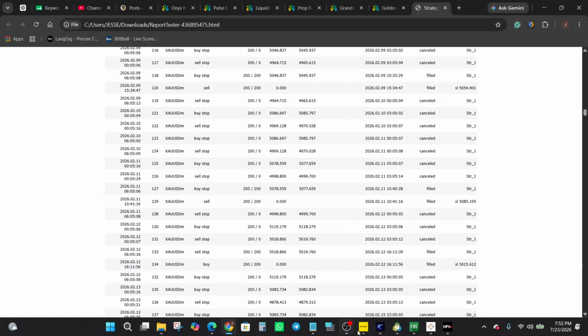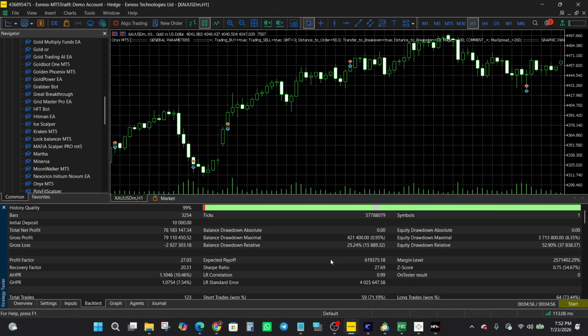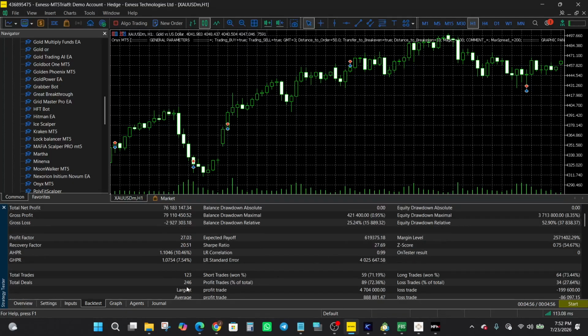Now looking at the final performance metrics from this historical run, the system generated 123 total trades over the tested period, yielding 89 winning trades, giving an overall win rate of roughly 72.36%. The long trades won at 73.44%, while short trades won at 71.19%.